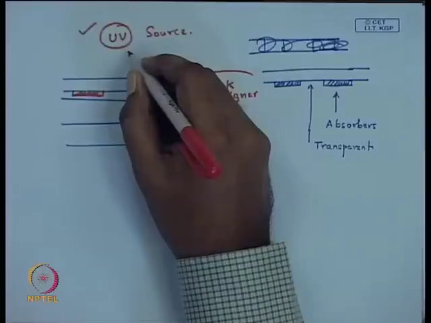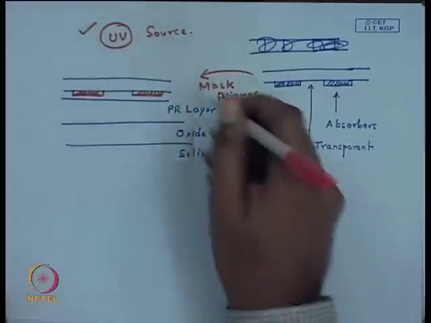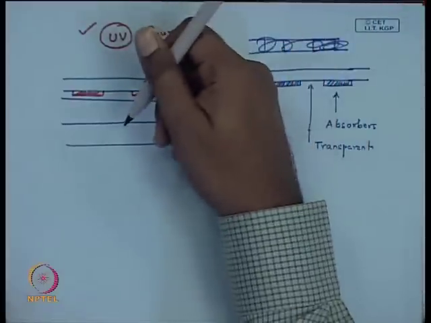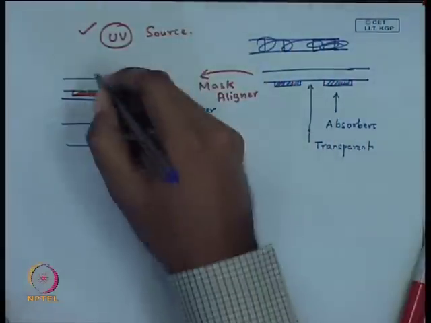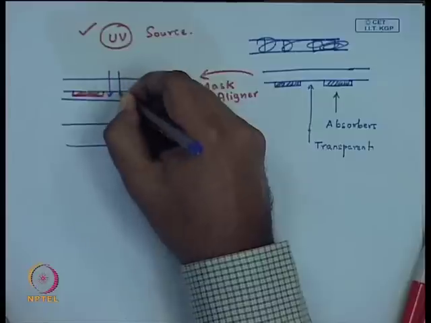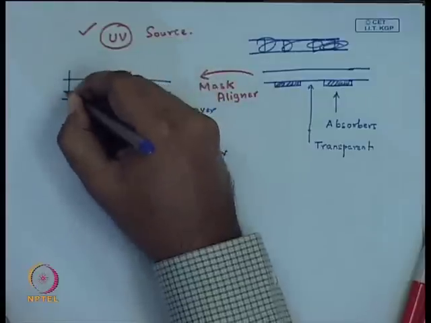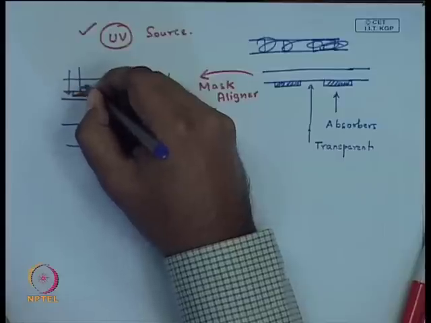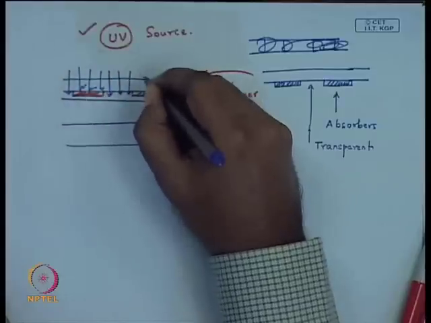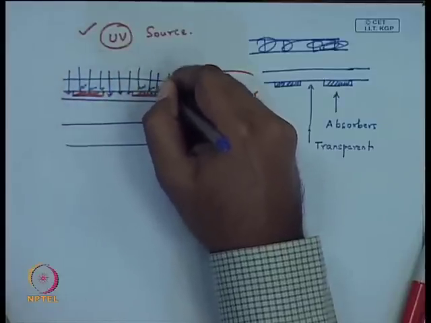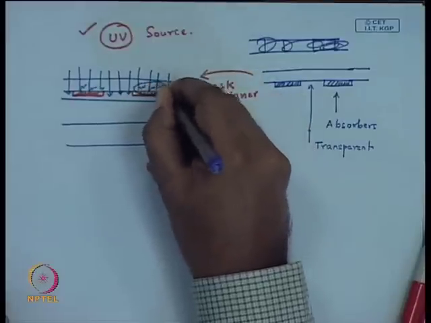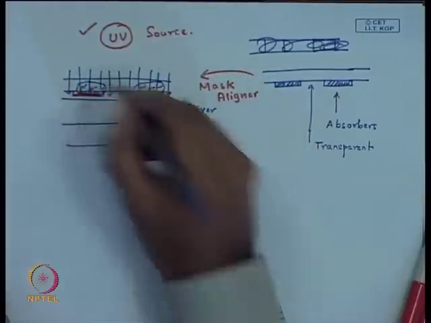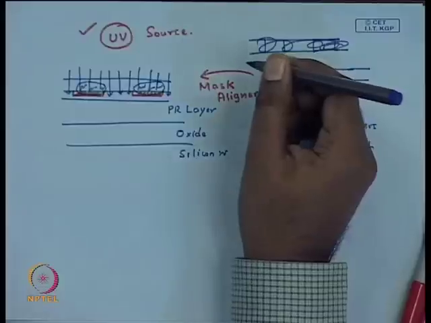You allow the UV light for a specific duration to fall essentially on your mask, which then controls that over these areas the light passes through the mask and goes all the way up to the photoresist layer. Over these areas, because of the presence of the absorber layer, light falls but it gets absorbed within the chromium layer or within the absorber.